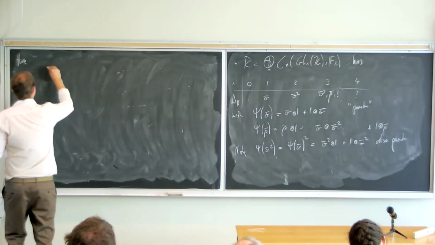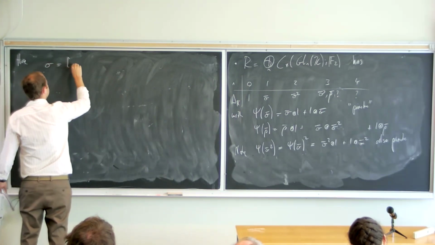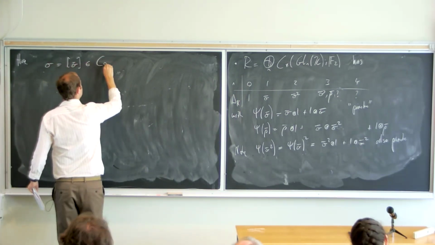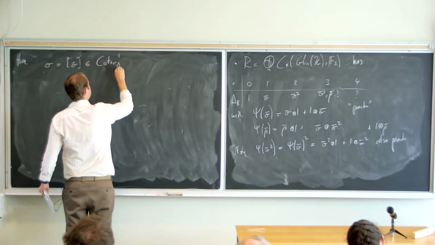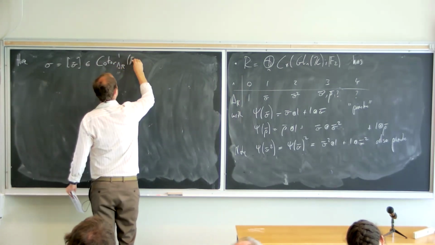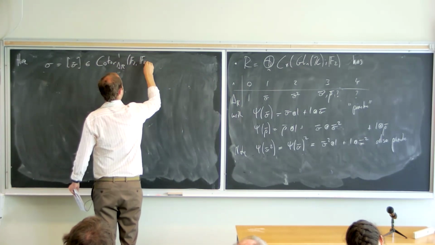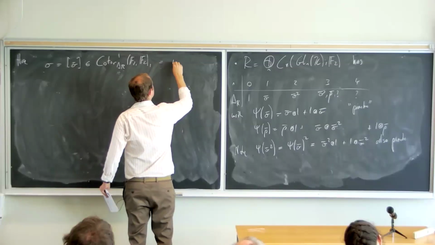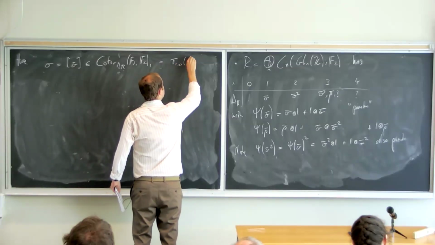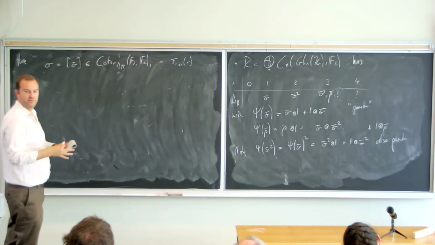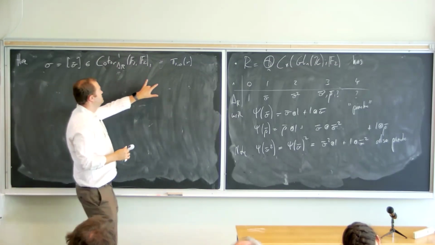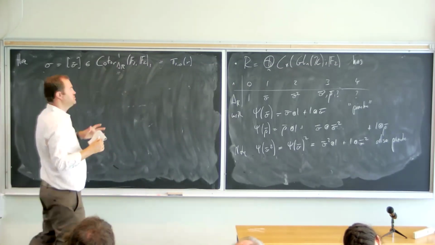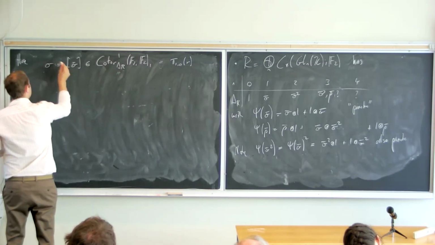So we have what I call sigma, which is the class represented by sigma bar in Cotor1 of delta R, F2, F2, and it will be in grading 1. And that corresponds to pi 1,0 little r under this isomorphism that I said, when we're doing the homotopy groups of cobar are just Cotor of the Hopf algebra. So that's one element that we know.